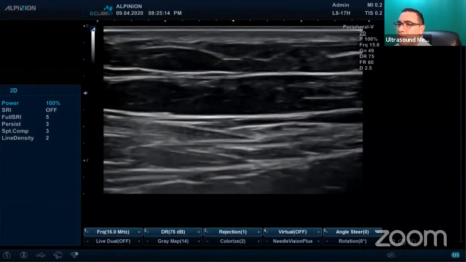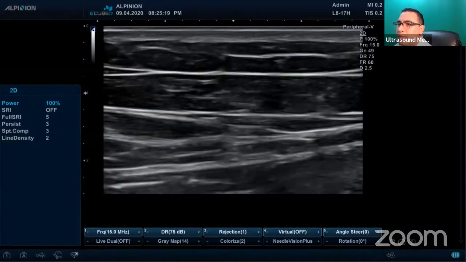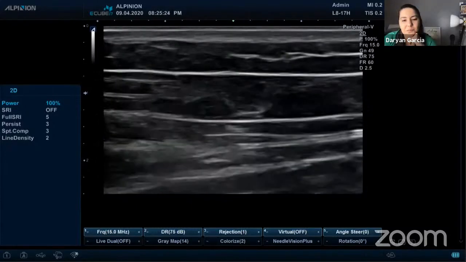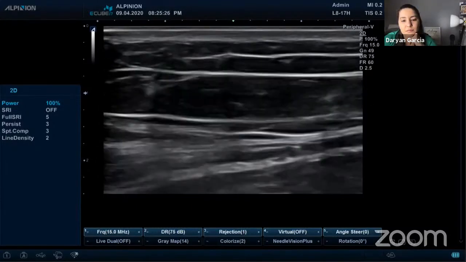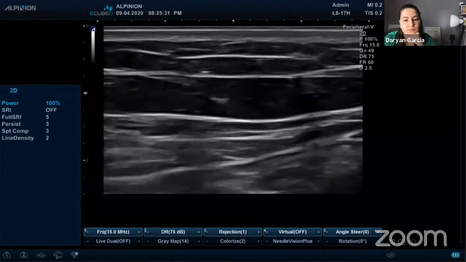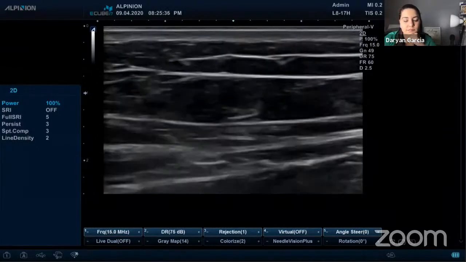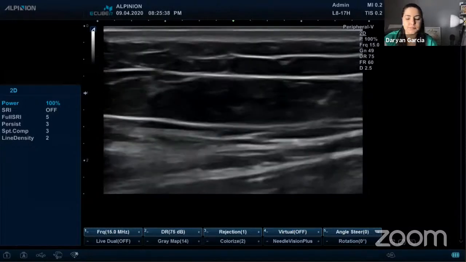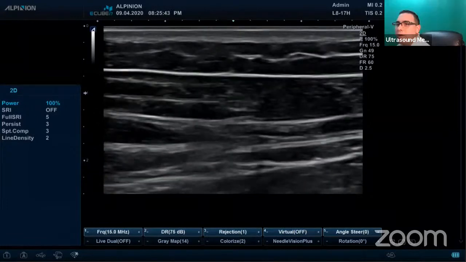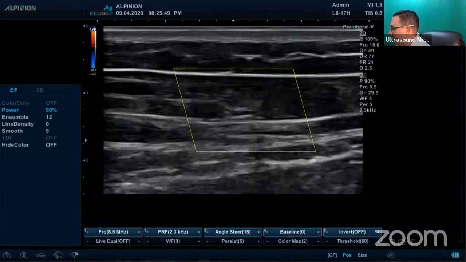I had it right there. My left hand doesn't work very well.